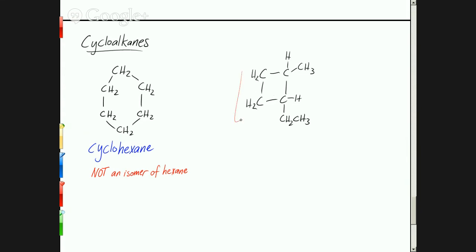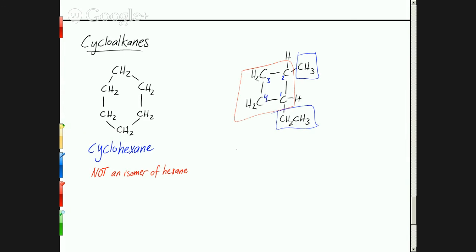So when you have the ring, the longest chain becomes the ring. And then these other things become the substituents. So we have a substituent here that's a methyl, and we have one here that's an ethyl, 2 carbons. And we start numbering around the ring. But of course, in a ring, you don't have an end to start at. So you can start anywhere. So you want to start wherever, same rule, wherever the substituents get the lowest numbers. In this case, we start down here and go 1, 2, 3, 4.